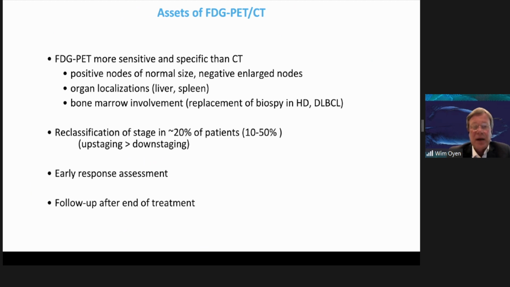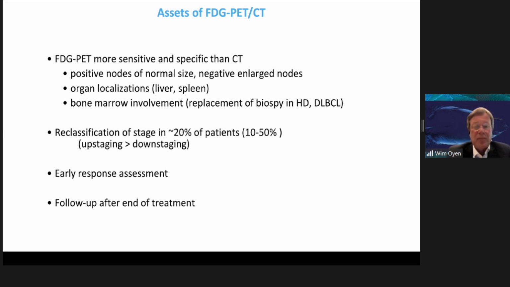So wrapping up, the assets of FDG-PET CT are obviously the sensitivity, picking up disease in normal sized nodes, excluding disease in enlarged but non-affected nodes, picking up the organ localizations and the bone marrow involvement, replacing biopsy in Hodgkin's disease and in diffuse large B-cell lymphoma.